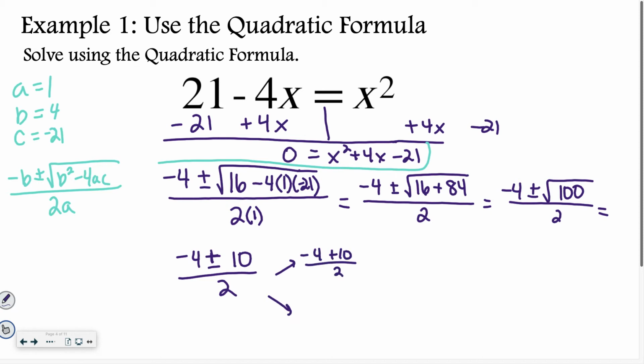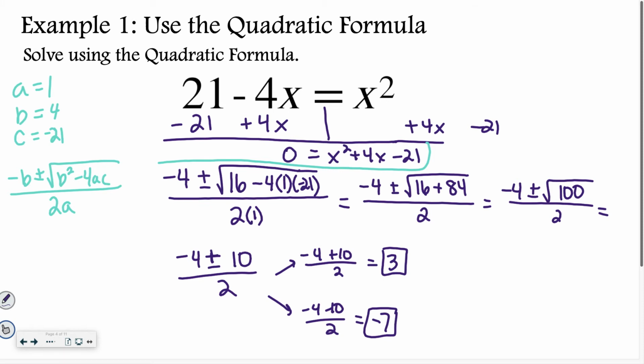My second answer is going to be negative 4 minus 10 divided by 2. Negative 4 plus 10 is 6 divided by 2 is 3, so that's one solution. Negative 4 minus 10 is negative 14 divided by 2 is negative 7. So those would be my two answers, 3 and negative 7.